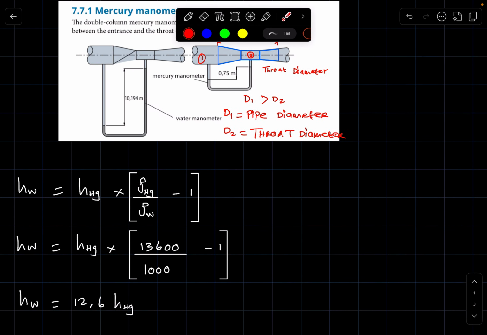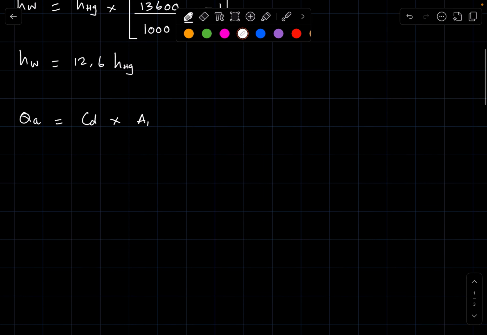Remember that A1 here represents the area of the pipe, which is the inlet, times the square root of 2 g h_w, divided by the square root of D1 to the exponent 4 divided by D2, which is the throat diameter, to the exponent 4, minus 1.